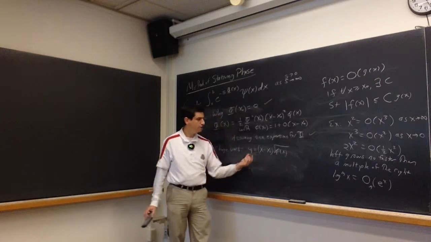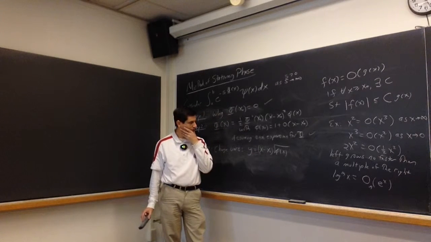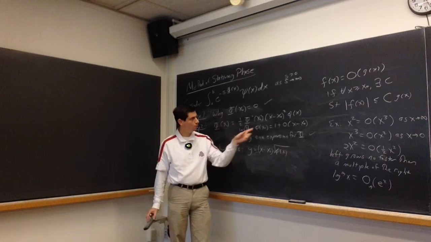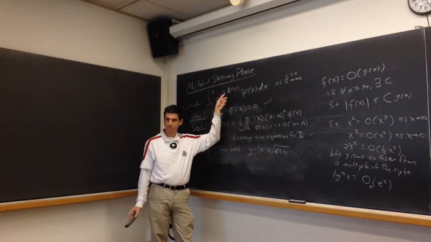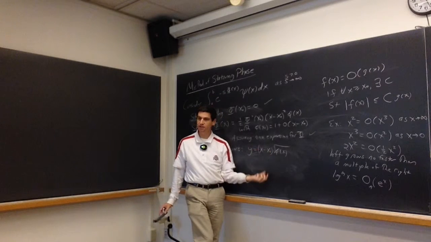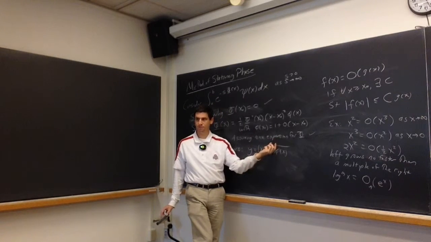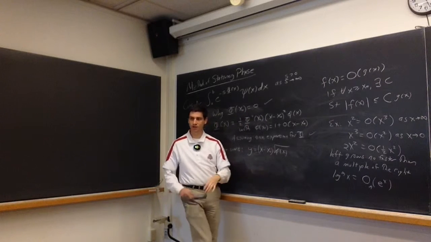So this is a really good change of variables. And if you think about what's going on now, before we were integrating from a to b, we're now integrating from maybe a little bit negative to a little bit positive. Because when you put in x equals x naught, you'll get y equals 0. A little bit above x naught, y is positive. A little bit below x naught, you'll get negative.